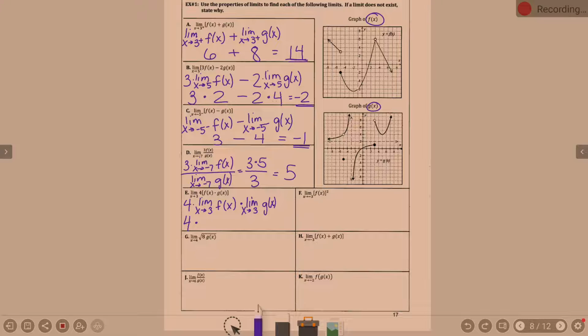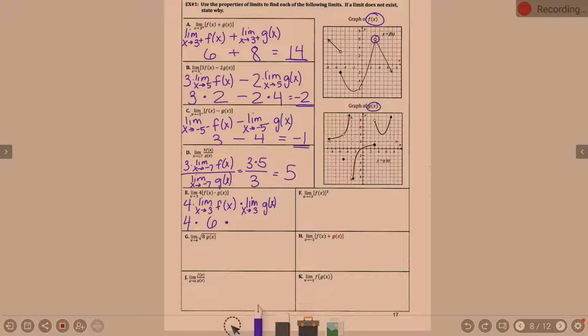Okay, the limit as x approaches 3 of f of x. 6. Okay, I can be convinced of 6. The limit as x approaches 3 of g of x. Say no. Yeah.